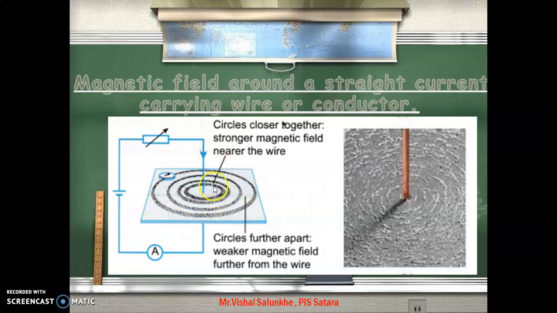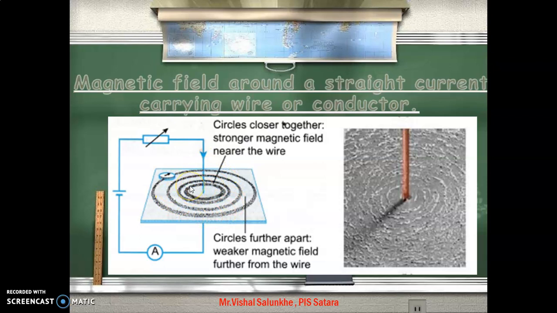And the magnetic field goes on decreasing with increasing radii. Near the conductor the magnetic field is more, and away from the conductor it is less, as it is inversely proportional to the radius, and it can be checked by the deflection of the magnetic needle. But what about the direction of the magnetic field?